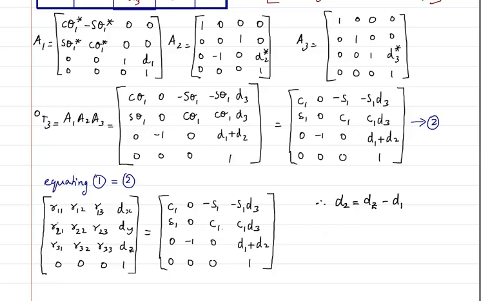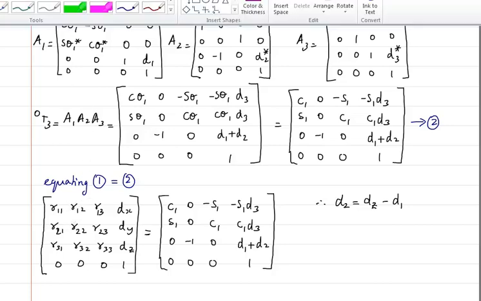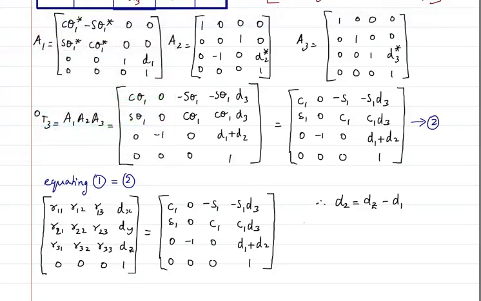Now if I want to find theta 1, I can find it using these two values, the first and the second value, where cos theta 1 is r11, sin theta 1 is r21. So based on that I can write directly that sin theta 1 divided by cos theta 1 will be equal to r21 divided by r11, or tan theta 1 is equal to r21 divided by r11.